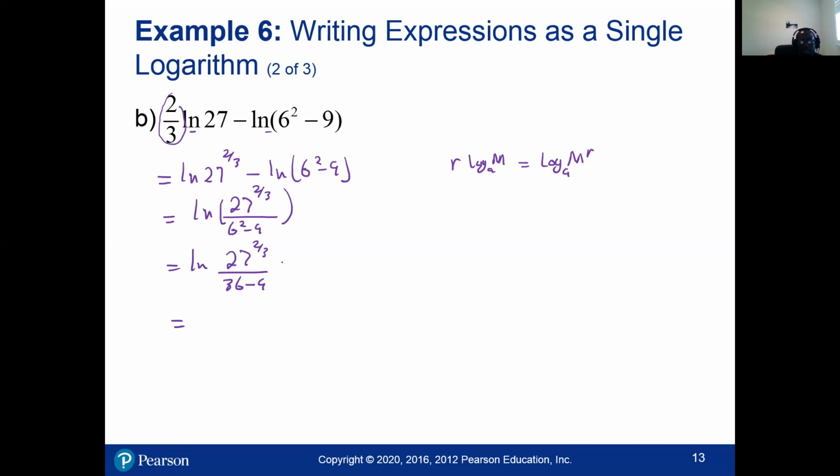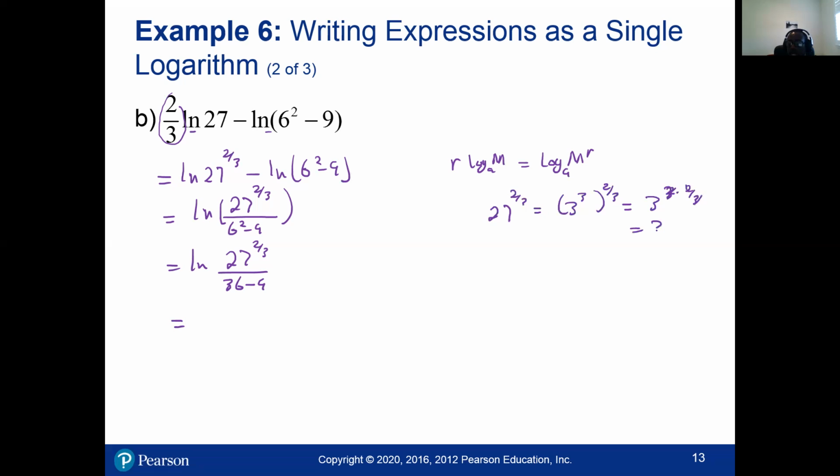What is 27? If you have 27 raised to 2/3, this is the same as 3 raised to the third, all raised to 2/3. Then when you use the laws of exponents, this becomes 3 raised to 2, because you get 3 times 2/3, and that cancels out.